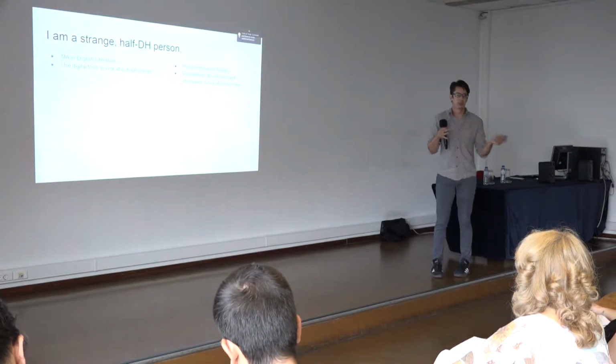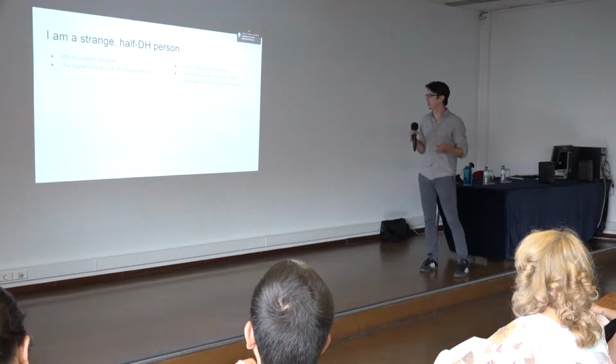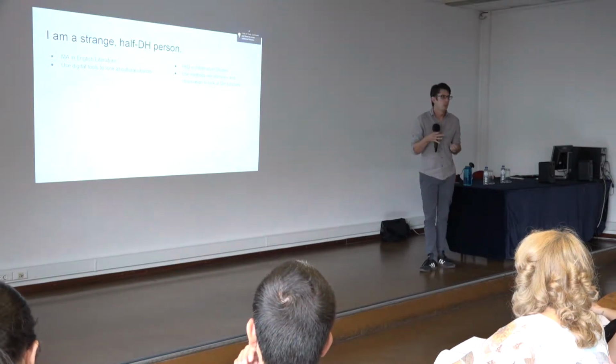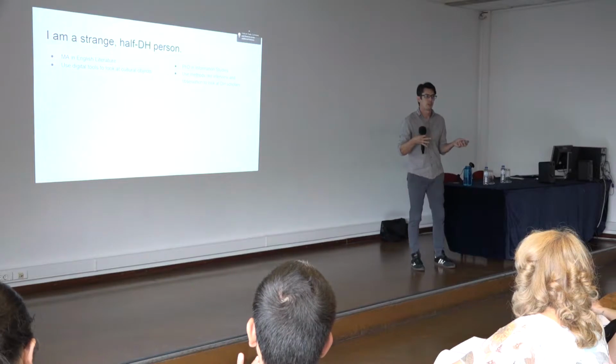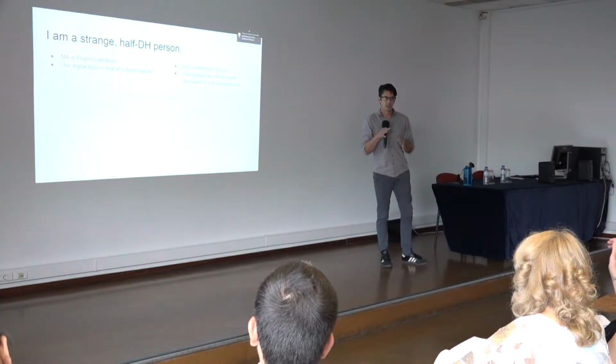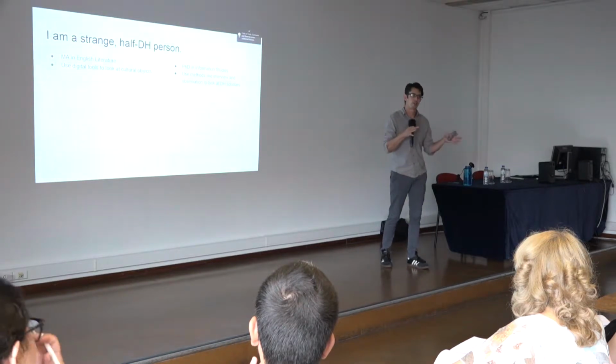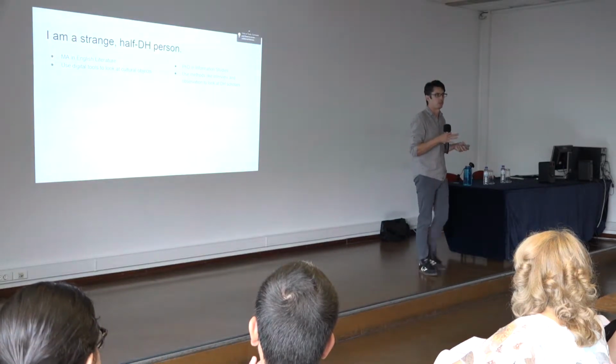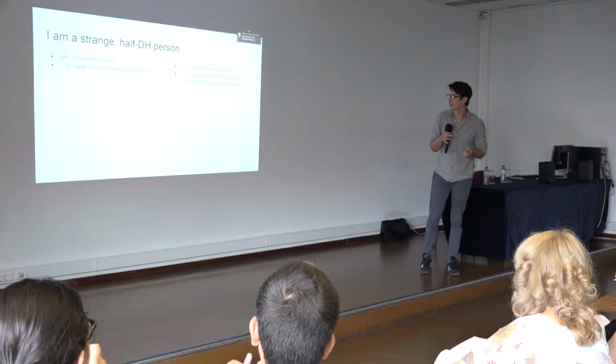And so for my dissertation work, I was using methods like interviews to look at the work of digital humanities scholars. So I'm sort of half inside this space, half outside looking in at this space. So this is my perspective when I talk about these things.